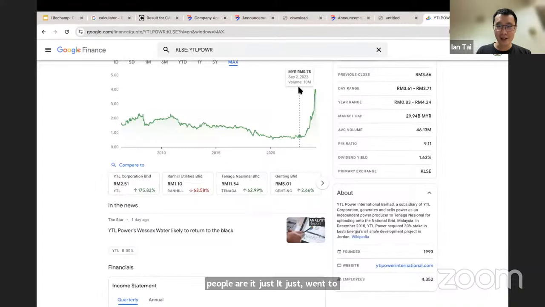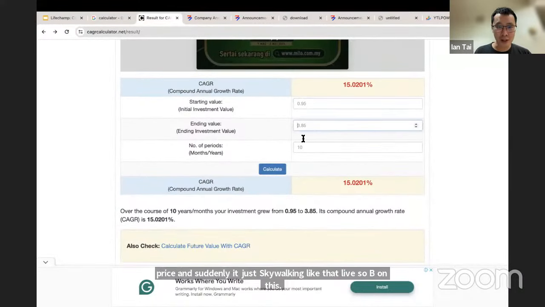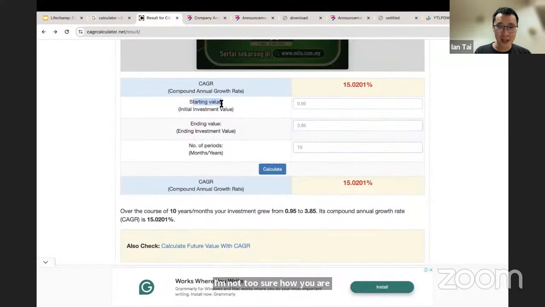Typically you can't just calculate CAGR like that, considering that it had a prolonged decline in share price and suddenly it just skyrocketed. So based on this, I'm not too sure how you are going to input the start value and end value for this case. With that, back to you, Shane.